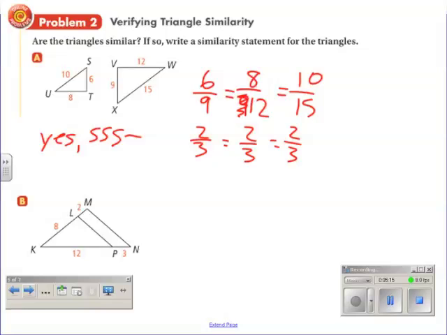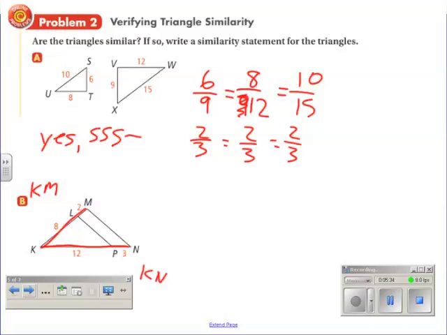Now we'll look here at B. We're going to focus on these two sides, KM, that side here, and also KN over here.